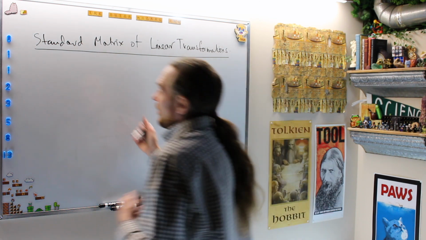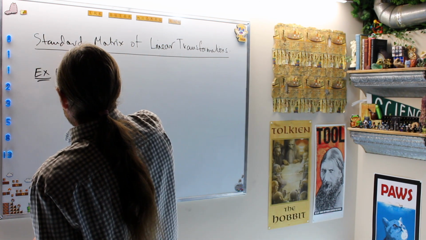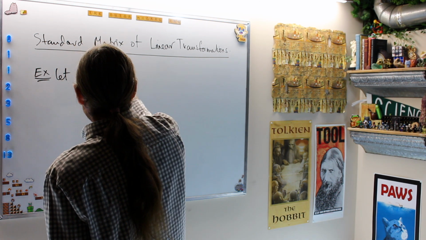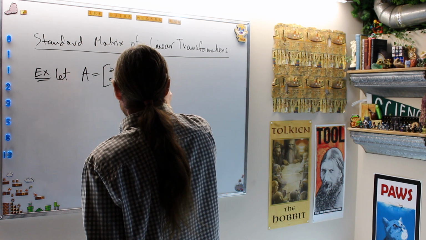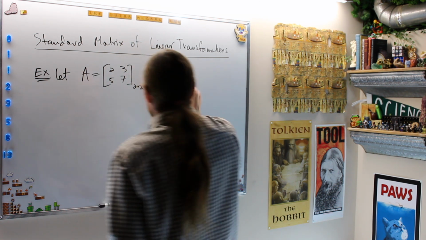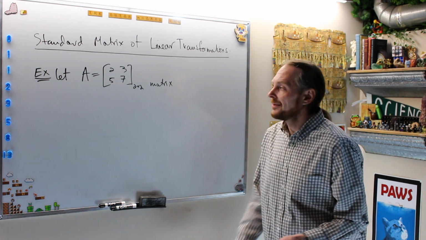First of all, an example. Let A equal [2, 3; 5, 7] be a 2 by 2 matrix. I'll stick to operator land when I can, so that it's R^n to R^n.